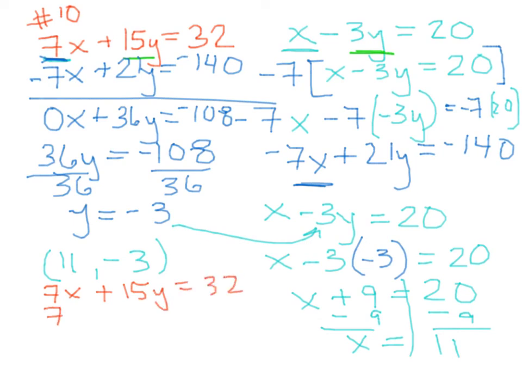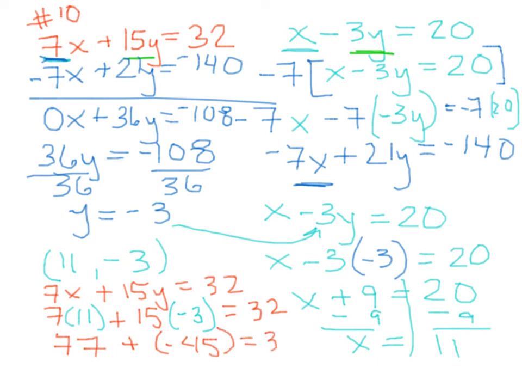I'm going to get 7 times 11 plus 15 times negative 3 is equal to 32. So this gives me 77 plus negative 45 is equal to 32, and sure enough, that checks. So you guys, that's it.